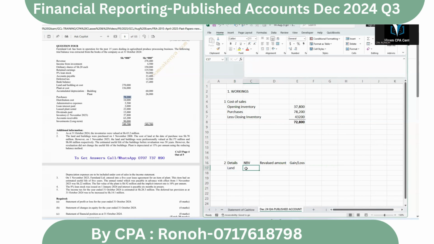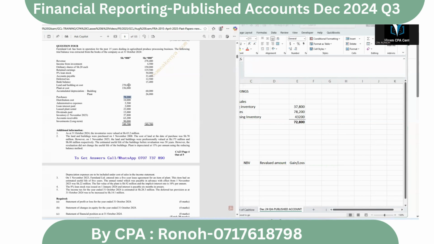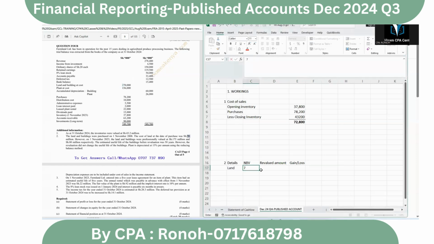So the first item is land. What is the net book value of land in your trial balance? Land and building at cost 270,000, but there is a cost of land here of 70,000. So the land is 70,000. We're using 3 zeros. Now this land has been revalued to 80,000.